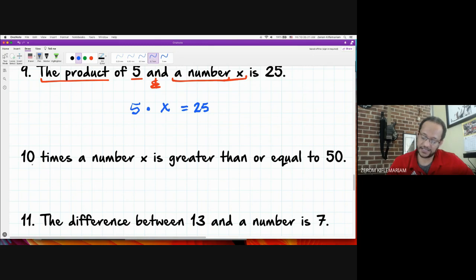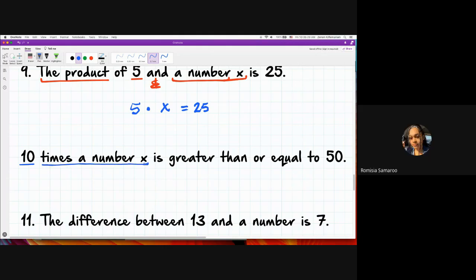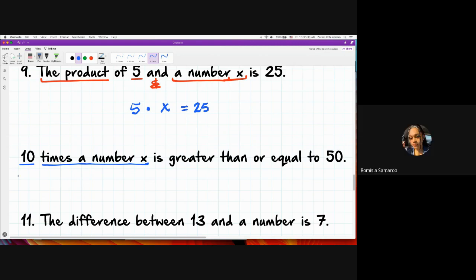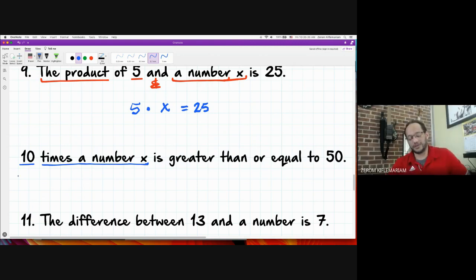It says 10 times a number, x. Oh, I thought it was the number 10. Oh, no, 9, 10, 11. It was number 10. Actually, we were starting with number 10. Oh, got it.